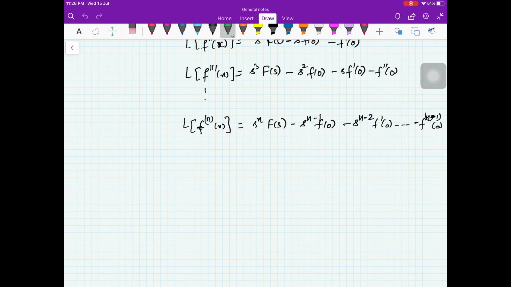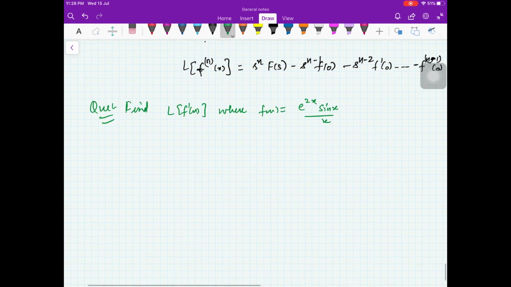So the first question is, find L of f dash x where f of x is e raised to power 2x sin x upon x. You need to find L of f dash x, and you are given f of x.